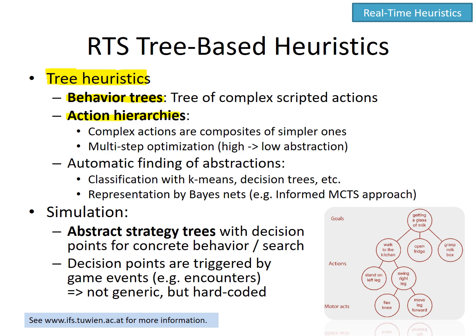Okay, then we already said we need a hierarchy for the actions. Even if they are scripted, they are way too complex in order to use them directly in the game tree.